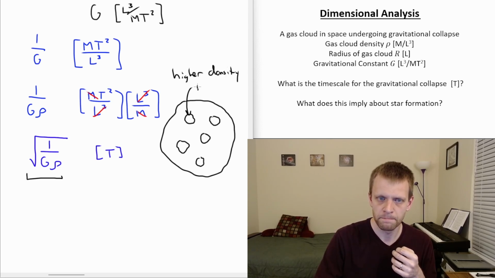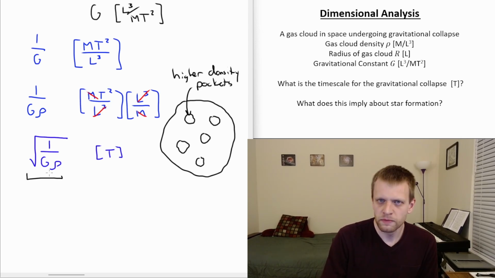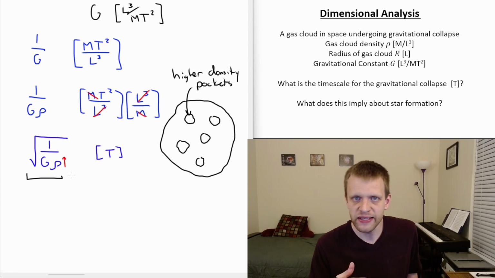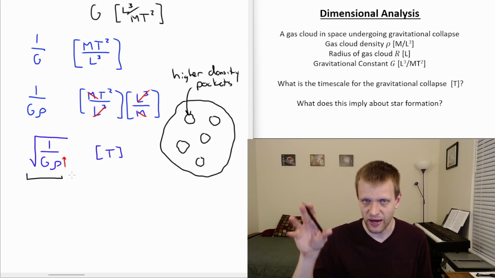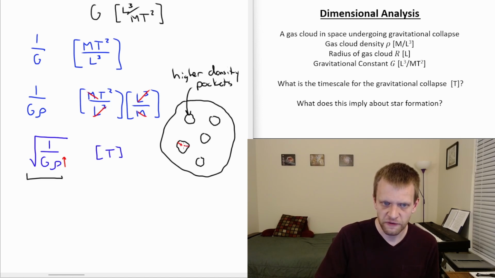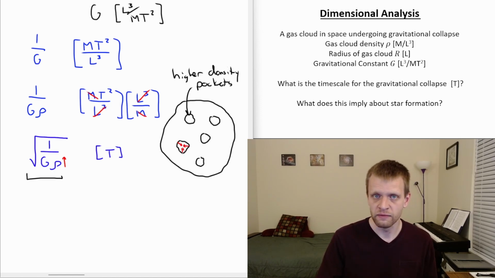Well, if we look at this collapse timescale, if I have a region that is a slightly higher density, that's going to reduce the time that it takes this thing to collapse. So if I have one of these higher density, overdense regions, that's going to collapse faster than the cloud as a whole.